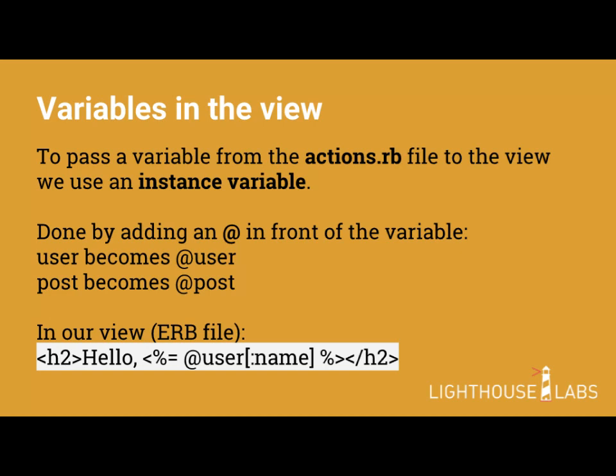An instance variable is accessible to all members of a class. This is object-oriented stuff, getting a little bit ahead of us, but know that if you put this at-sign in front of a variable name, not only can you assign it in your actions controller, you can also access the data stored inside of it in your ERB file.